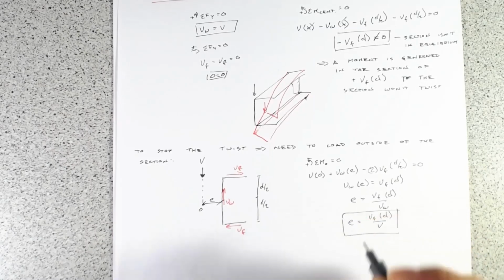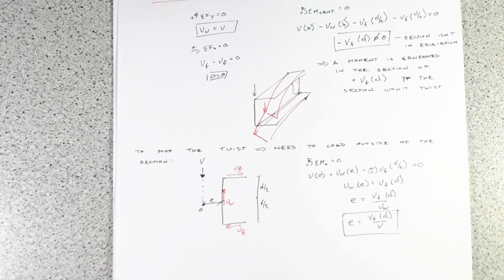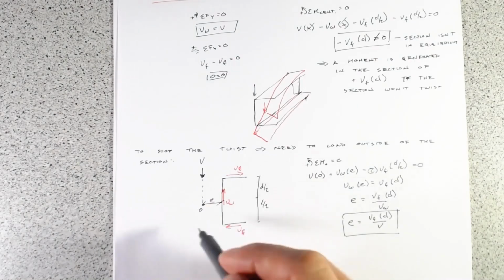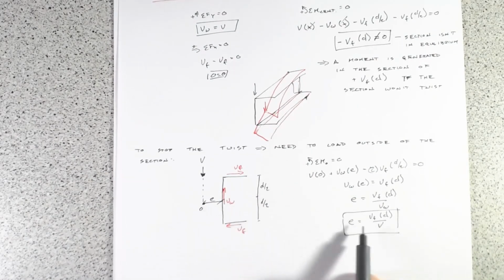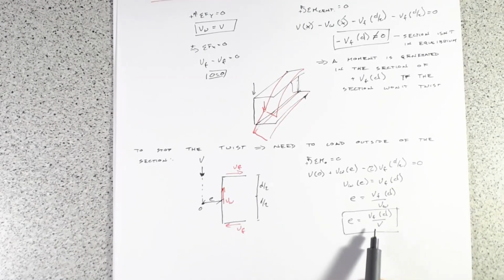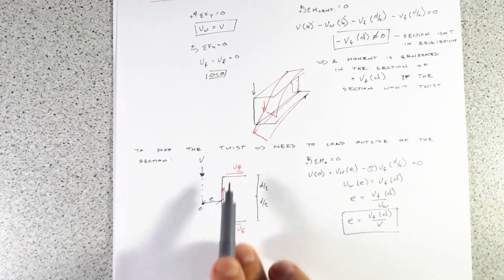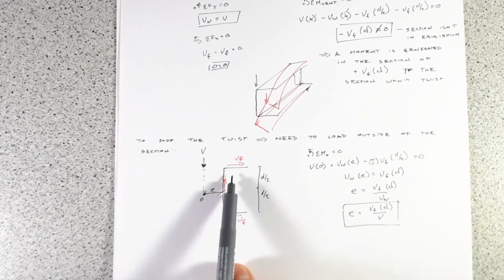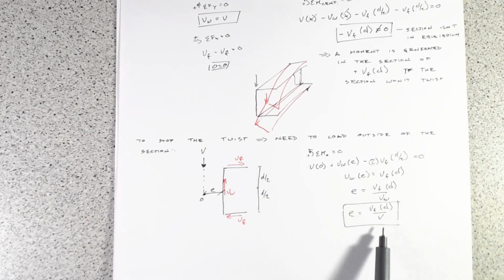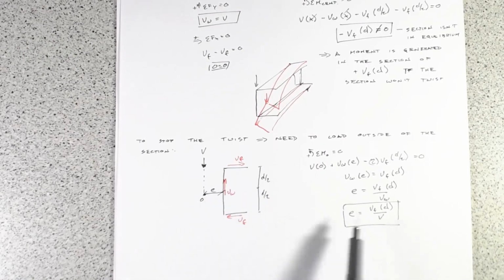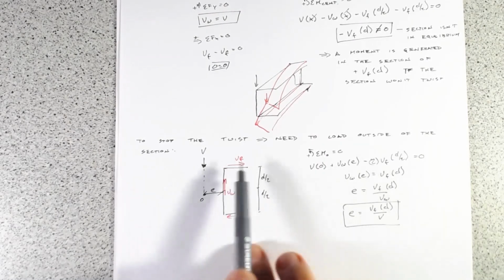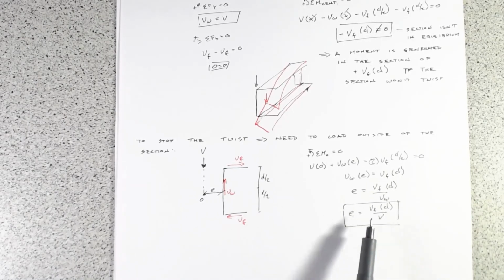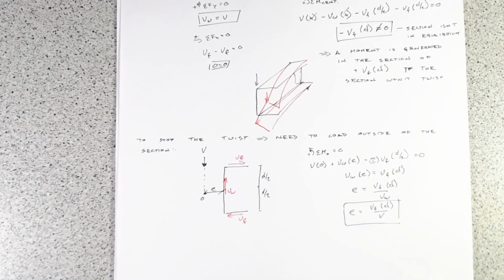So that means that in order to keep this thing from twisting, we have to load out some distance E, which is really just based upon the shear force that's going to get generated in our flanges, multiplied by the depth. So again, this is really just a moment divided by the shear force.